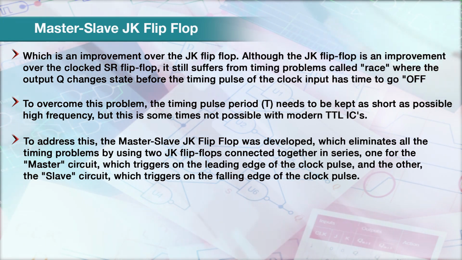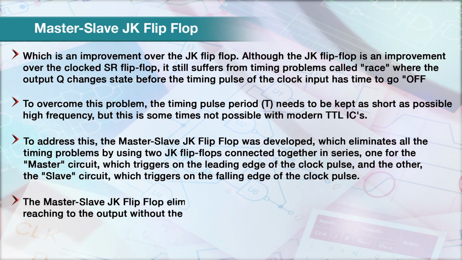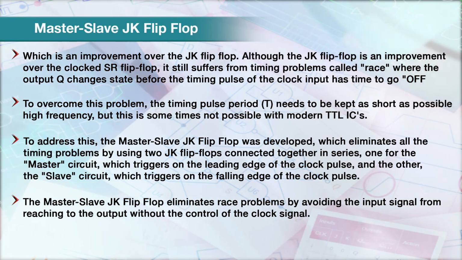One is the master circuit, which triggers on the leading edge of the clock pulse, and the other is the slave circuit, which triggers on the falling edge of the clock pulse. The master slave JK flip flop eliminates race problems by preventing the input signal from reaching the output without the control of the clock signal.